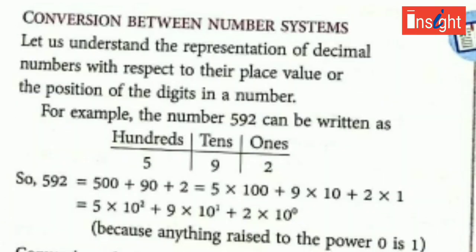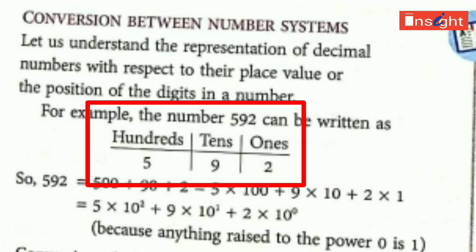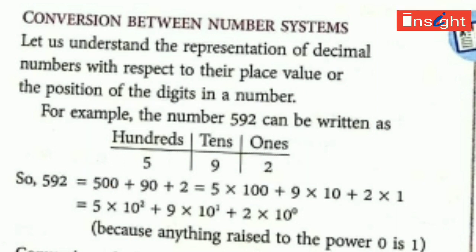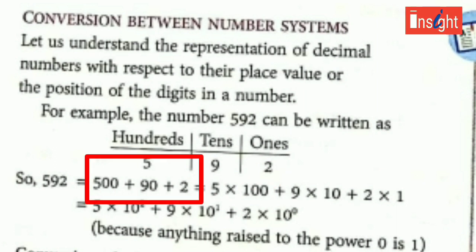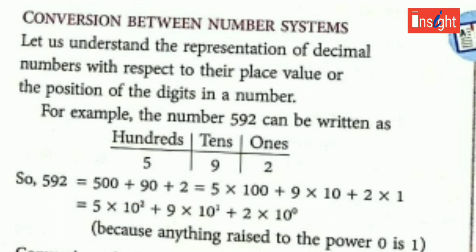Now let us understand the representation of decimal numbers with respect to their place value or the position of the digits in a number. For example, the number 592 can be written as, here you can see, ones place, tens place, hundreds place. In hundreds place 5 is written, tens place 9 is written, ones place 2 is written. So this can be represented as 500 plus 90 plus 2. This is in expanded form.